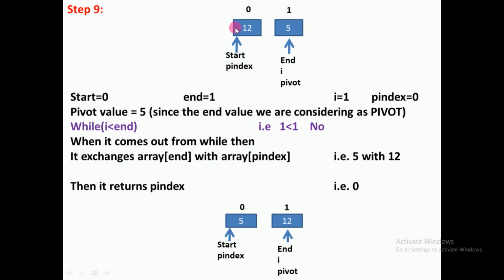Now here we can see start and P index are at the same position, but I is pointing to the last value. I, end and pivot are at the same position now.